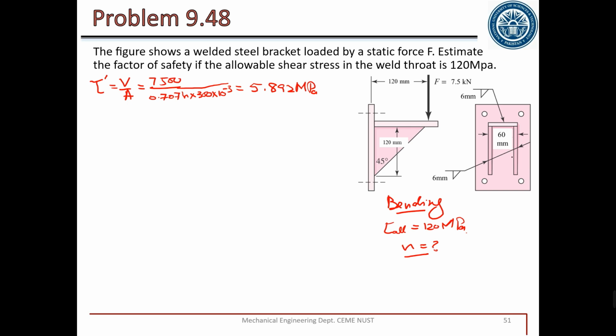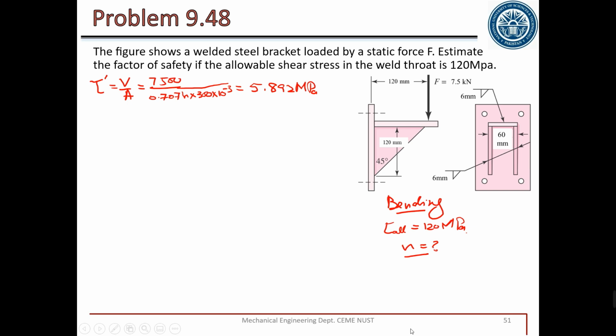In that figure the vertical column is given as D and 60 mm is B. So 60 mm is B and 120 mm is D.